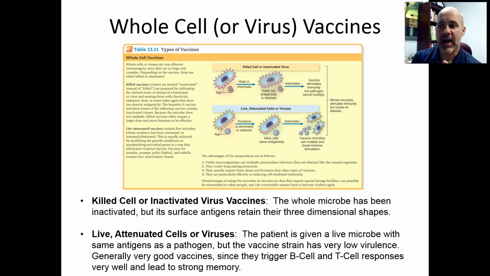Now there are some cons. Sometimes people who are immunocompromised, who have weak immune systems, may actually get sick in some cases from attenuated vaccines, so you have to be very careful with that. Also, unfortunately, we don't have attenuated strains of every virus and every bacterial pathogen out there. So we only have these available for some things. And you can imagine the safety testing.